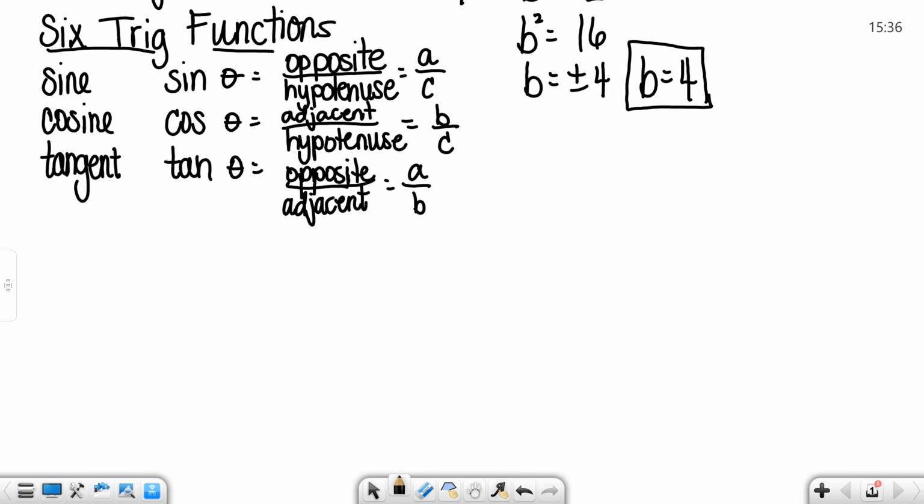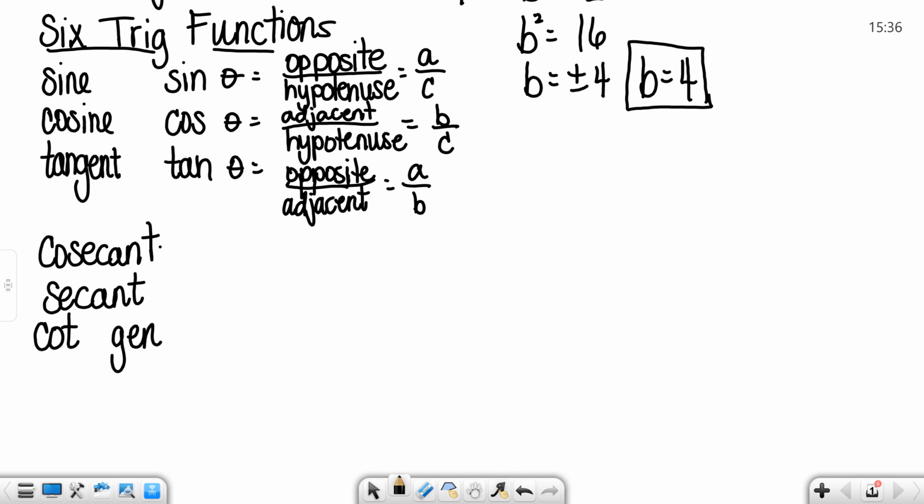They are the cosecant, the secant, and the cotangent. So the symbols that represent that would be cosecant, we use CSC.